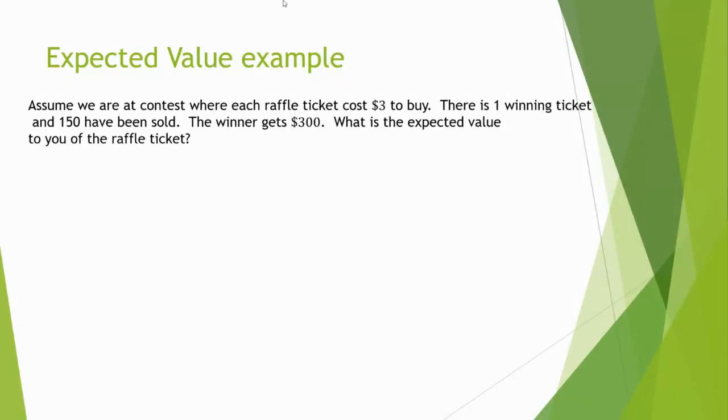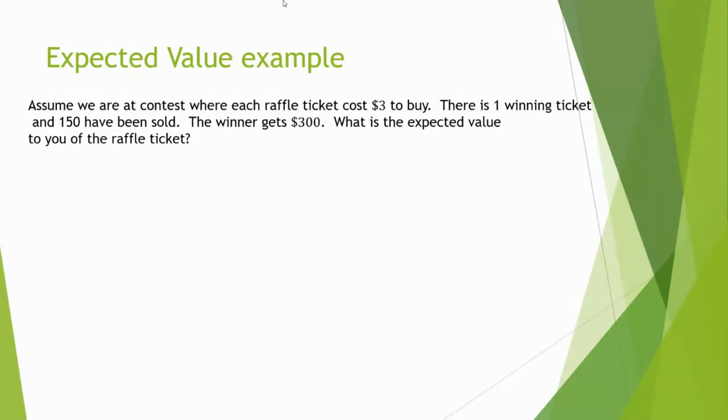The way these games are, somehow they call out the ticket by either number or whatever. But whoever has the winning ticket gets $300. So the question is, what is the expected value to you of this game, of this contest, of the raffle ticket?